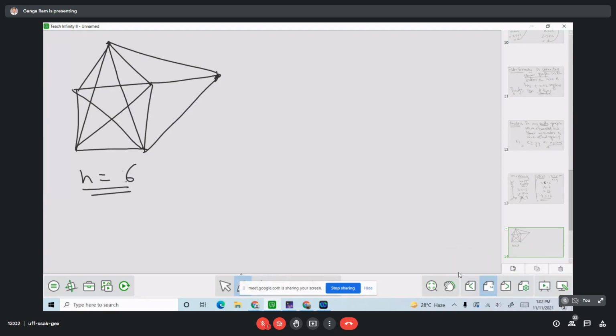N is 6 here, and E is 13. So if the order and size of a graph is very large, then we cannot easily check whether the graph is planar or not.